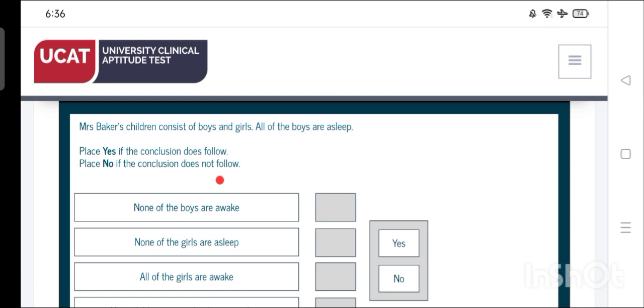The information given to us is: Mrs. Baker's children consist of boys and girls. All of the boys are asleep.